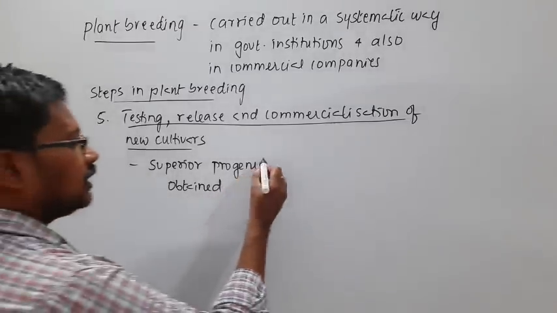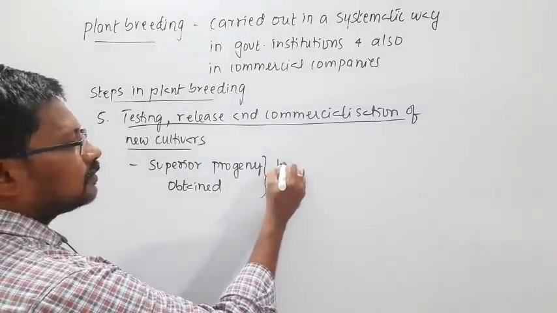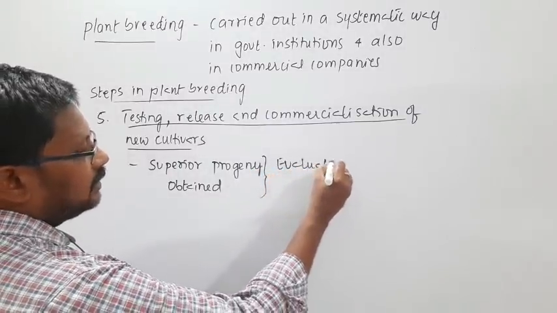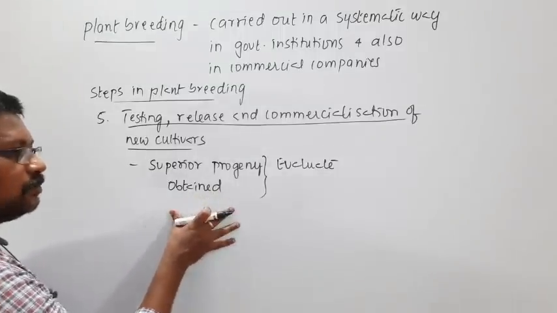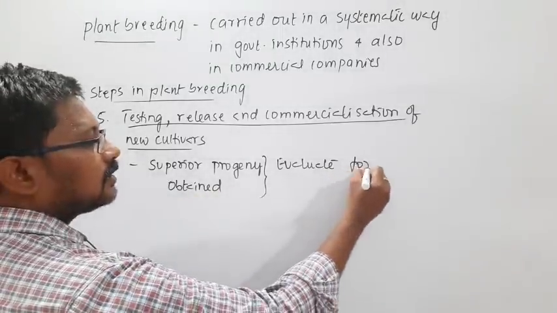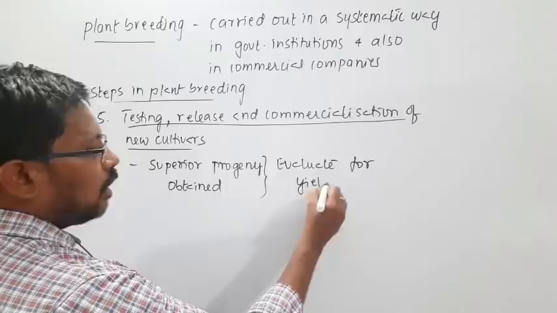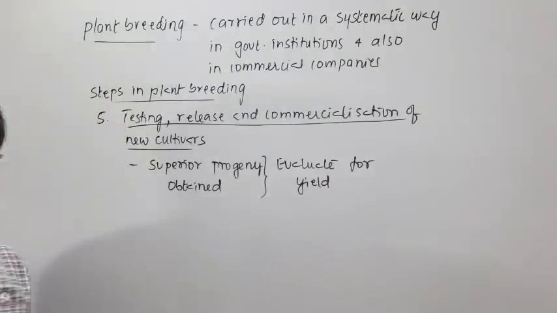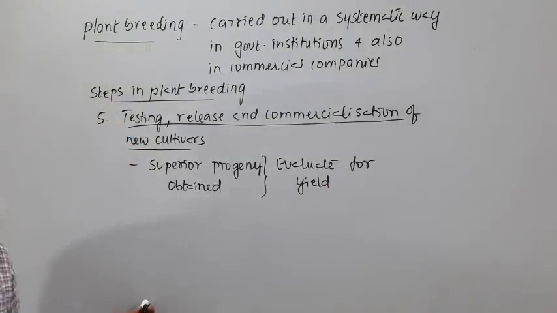They are going to evaluate all these superior progeny for yield, meaning how much yield they are able to give. Of course, even at this stage, if anything goes wrong, they have to repeat the whole process again.